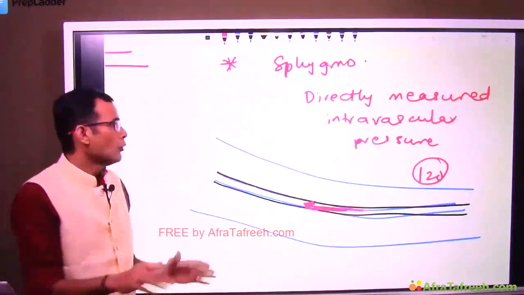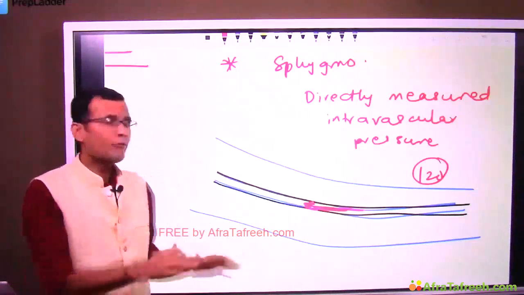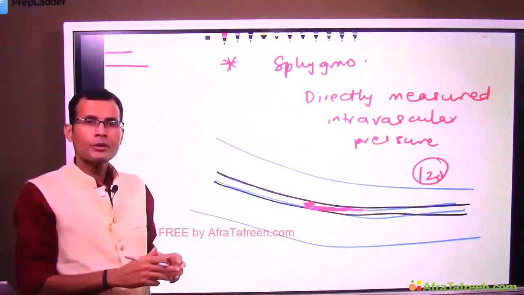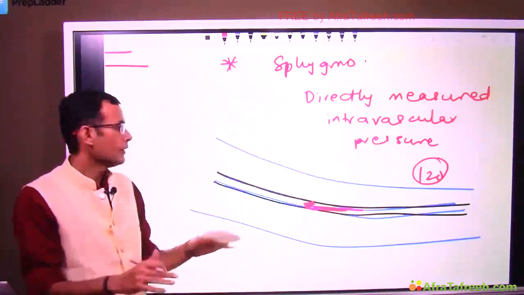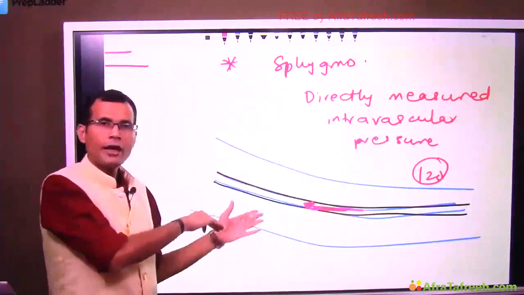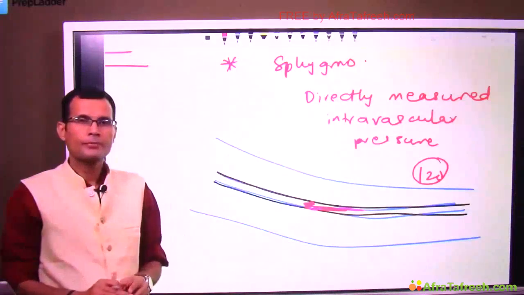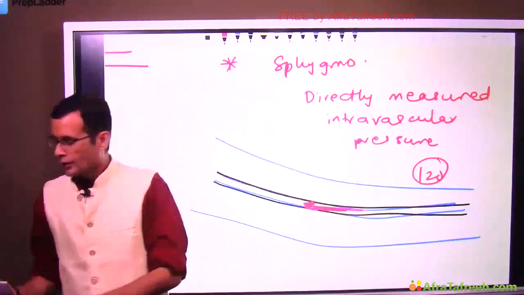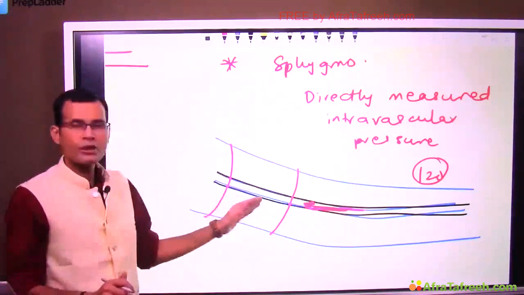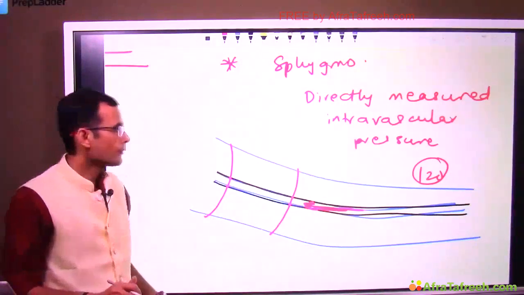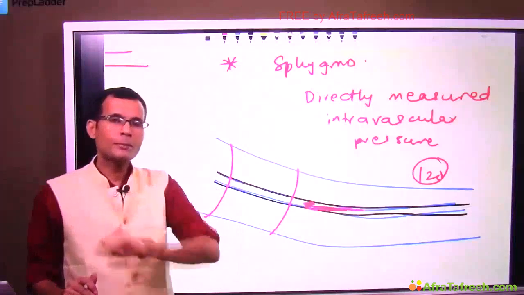And then what is the principle of sphygmomanometry? The Riva-Rocci principle. Balancing of pressure between the cuff and the artery. Right? What I'm trying to say is, we will raise the pressure in the BP cuff.